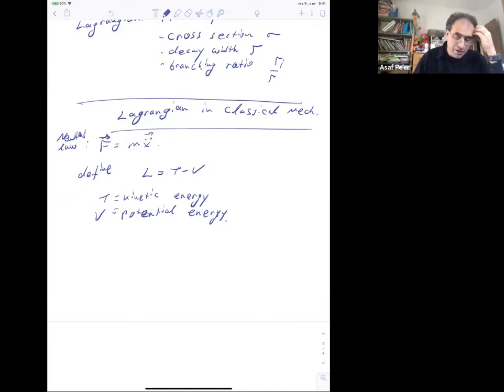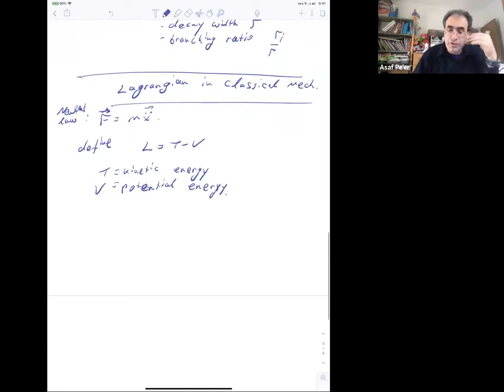Which is a function of what's known as the generalized coordinates. So these can be the regular coordinates we use, but this can be other things as well, right? So it is a function of the generalized coordinates and their derivatives.